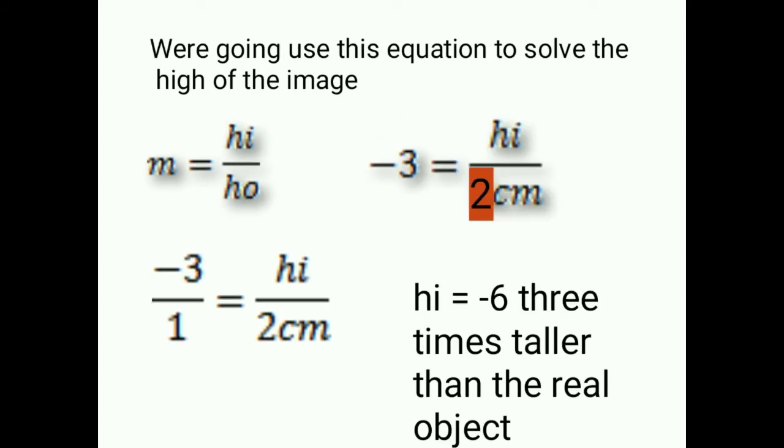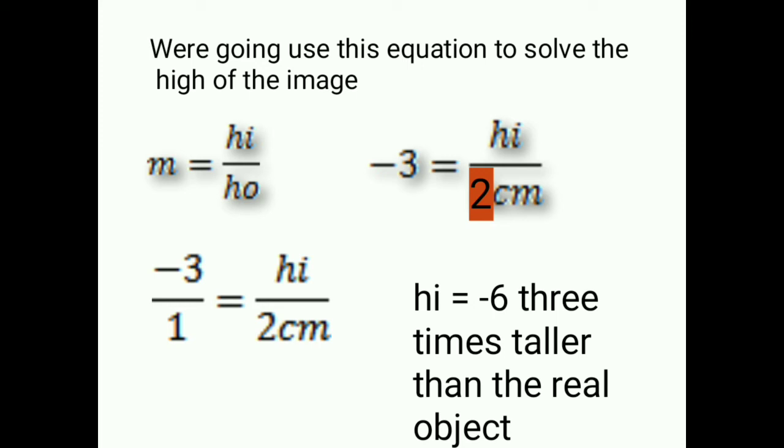Now we have the magnification value of negative 3. So negative 3 is equal to hi over 2 cm. We're going to cross multiply each fraction.